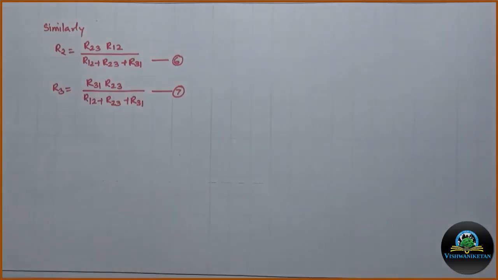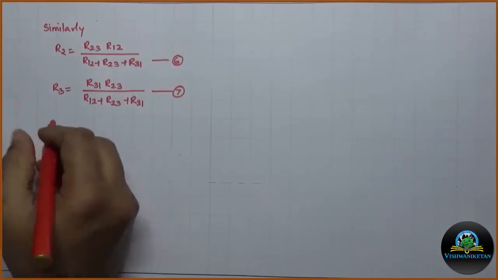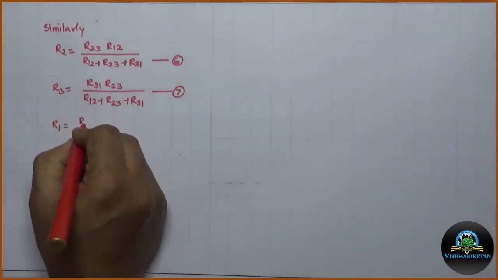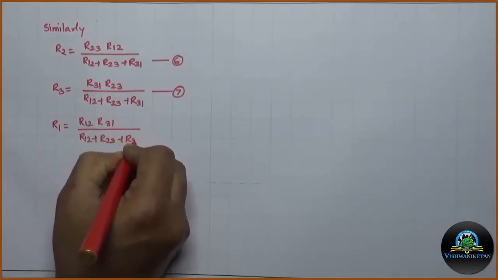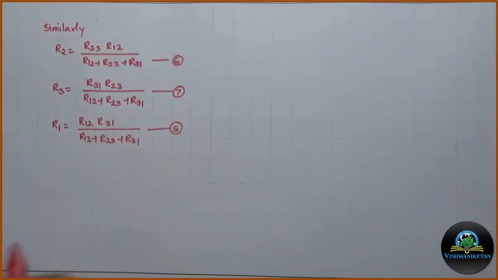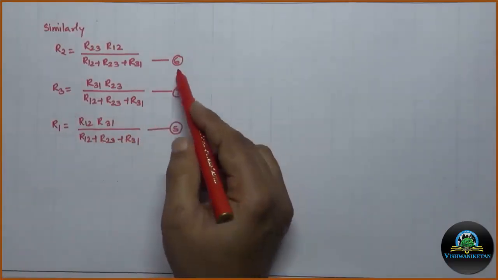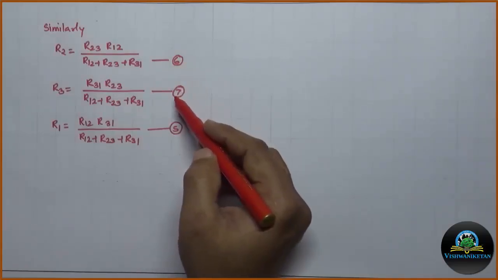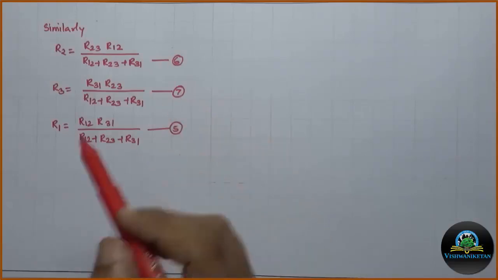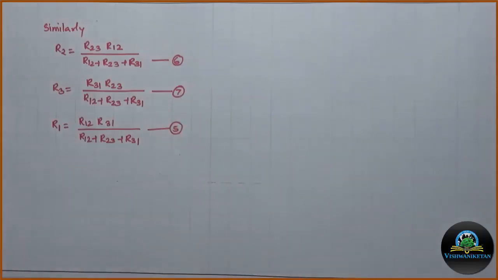Let us write down equation number 5 also. Equation number 5, equation number 6 and equation number 7 are the expressions which are used to convert a delta connection into equivalent star connection.